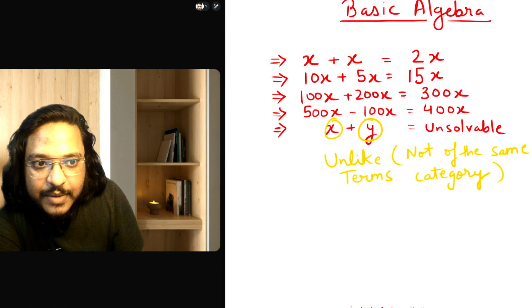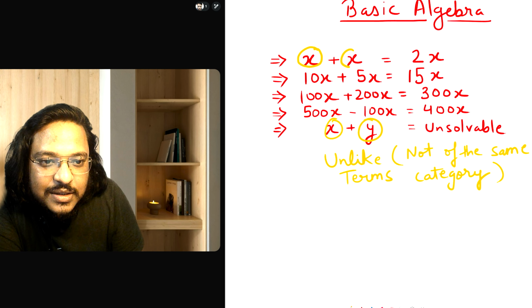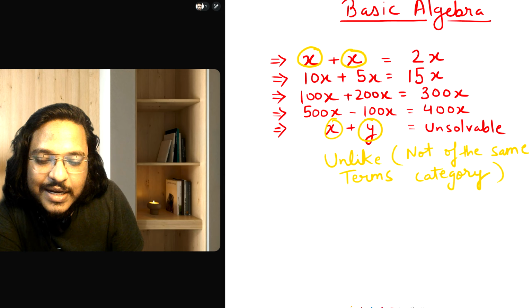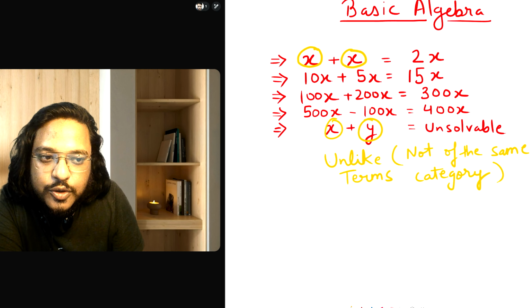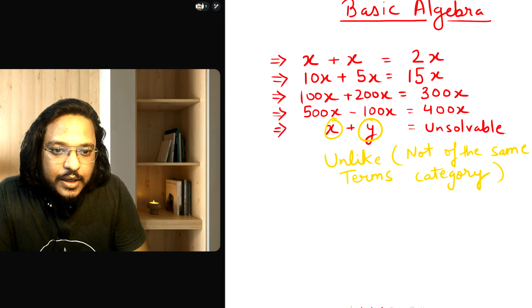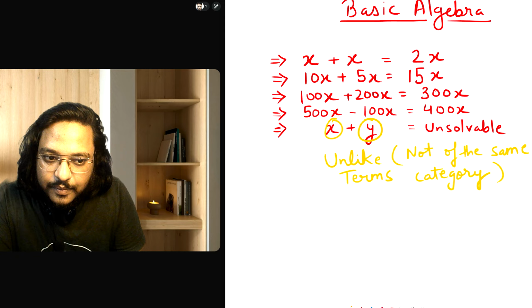What is the same category then? See, if a term has the same letter like x and x, they can be added. The answer will be 2x. But if I have x and y, then it cannot be added.